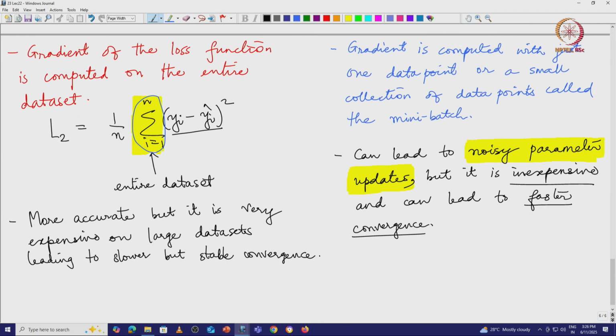Okay, so what I will do next is I will introduce a few more parameters that are used when we discuss training of machine learning models, and then we will end today's lecture, and in the next lecture we will cover the variants of stochastic gradient descent.